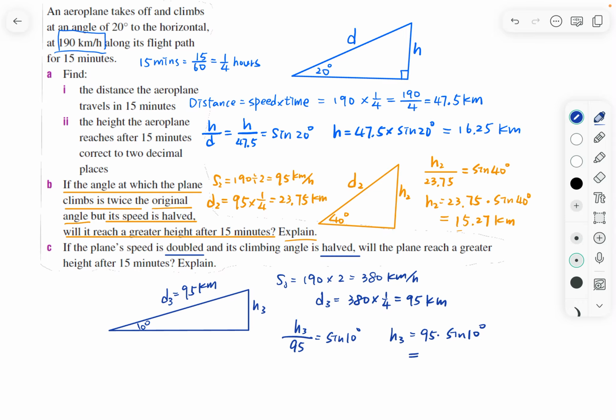So equal to 16.5 kilometers. Oh, yes. So B is no, C is yes. The plane will reach a greater height after 15 minutes. So this one is yes.